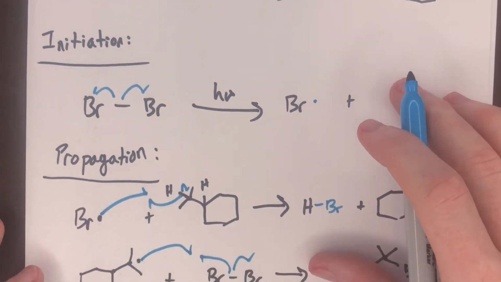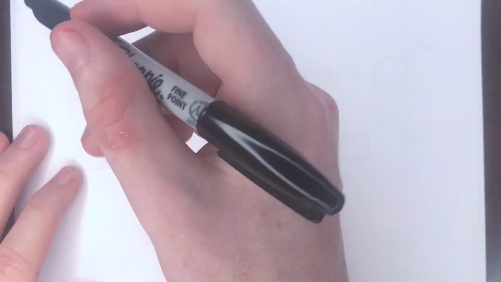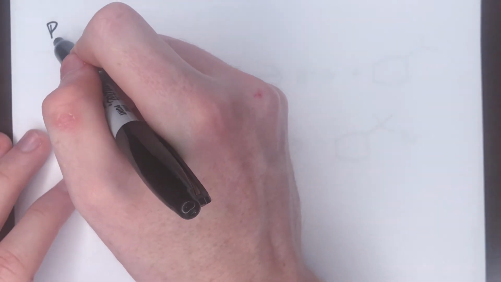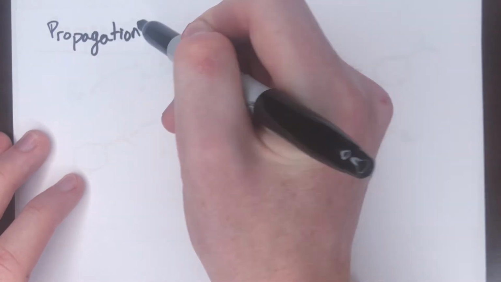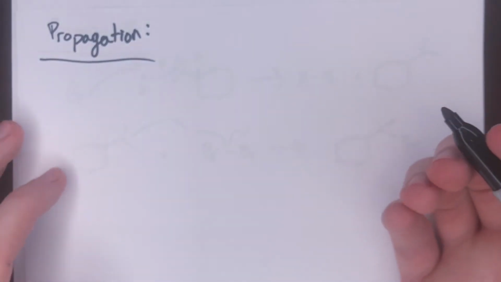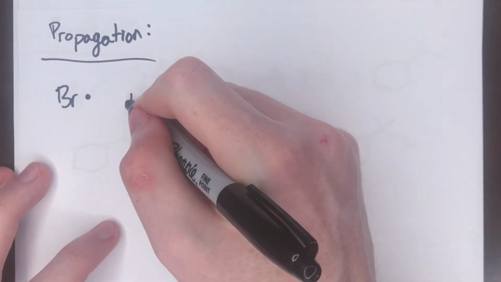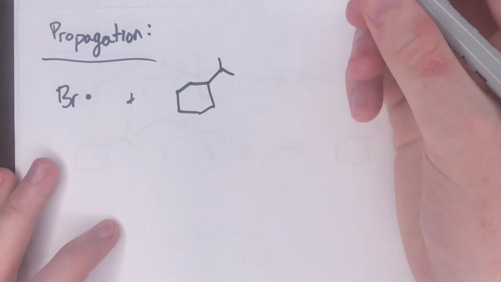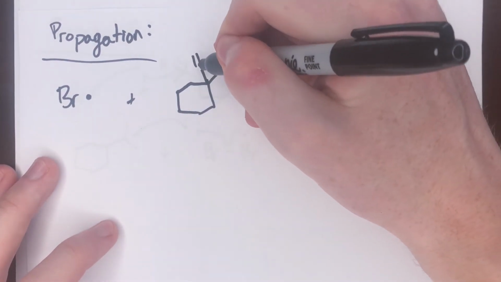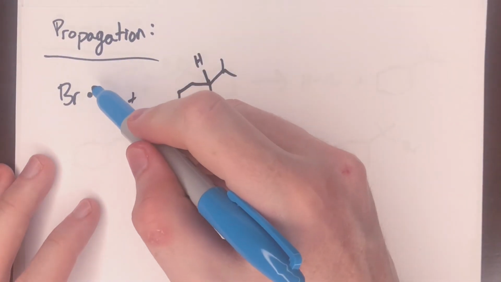Now we have to do the same two or similar two propagation steps for the other product. So again, propagation step. We take a radical and non-radical. So our bromine radical reacts with our cyclic alkane. But now we're going to break this carbon-hydrogen bond, because we broke the other one and already formed that product.